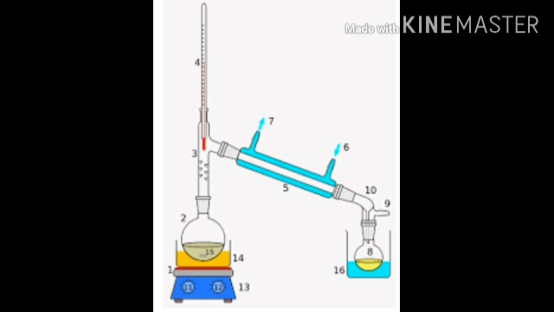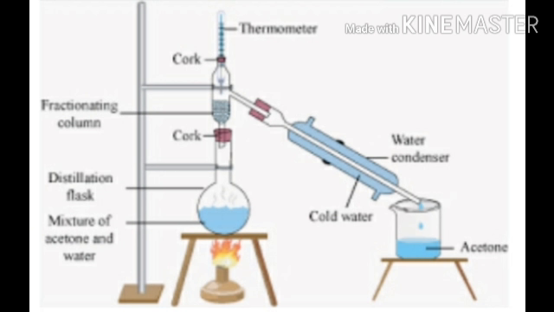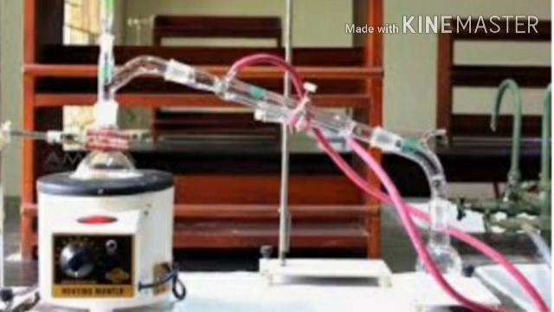From the observation, acetone in the mixture vaporizes first, condenses when passing through the condenser, and is collected from the condenser outlet. This is the lab activity of the distillation process by which we can separate miscible liquids. Moreover, the important thing for the distillation process is that the components in a mixture must have sufficiently different boiling points.